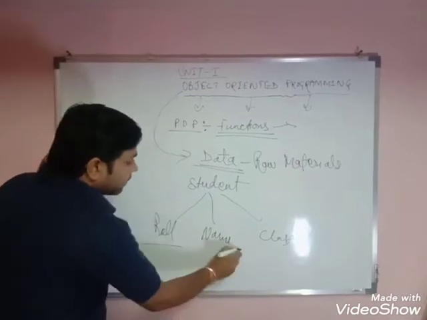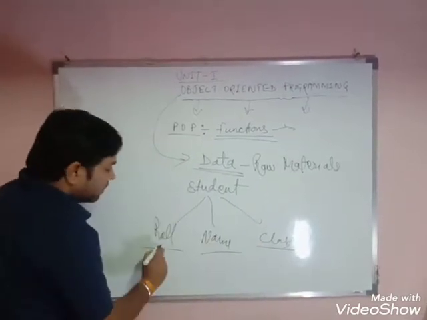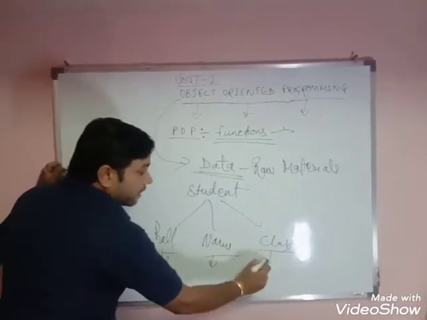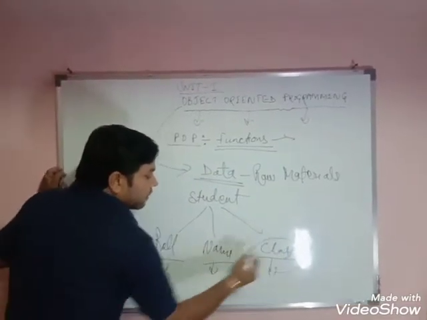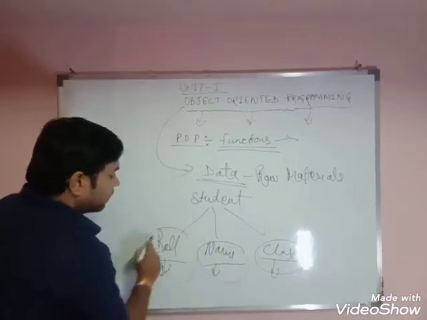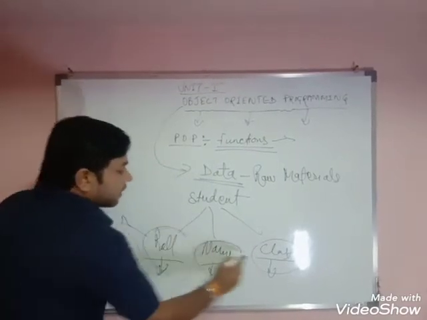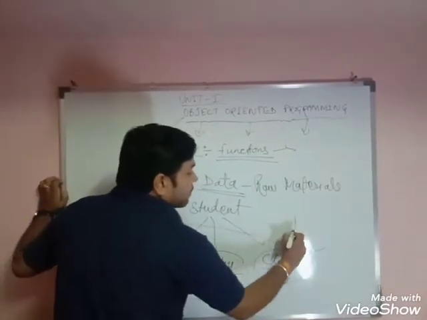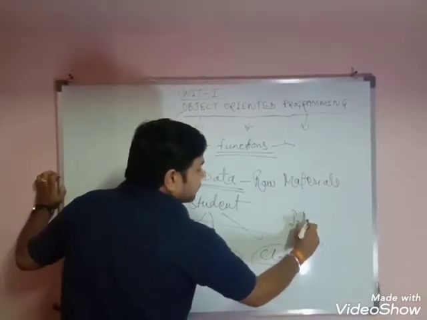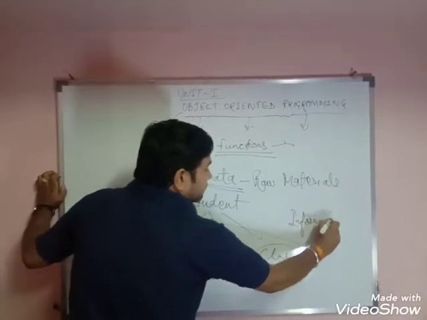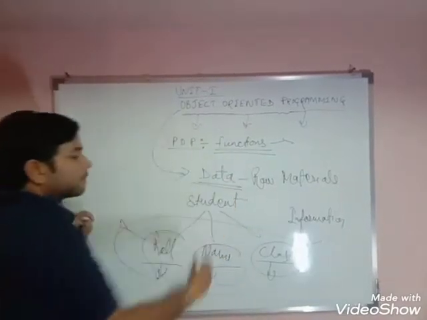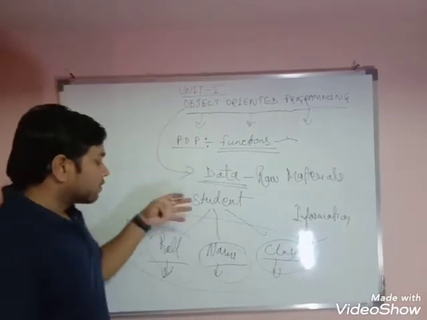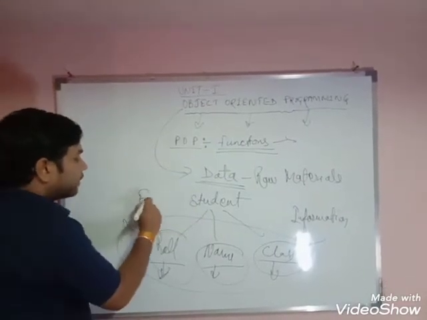These are the details of the student, and these are called data: name of the student, roll number of the student and class of the student. When this data combines together, it makes information. So object oriented programming is fully based on data. Data is the raw material. This is the example of data.